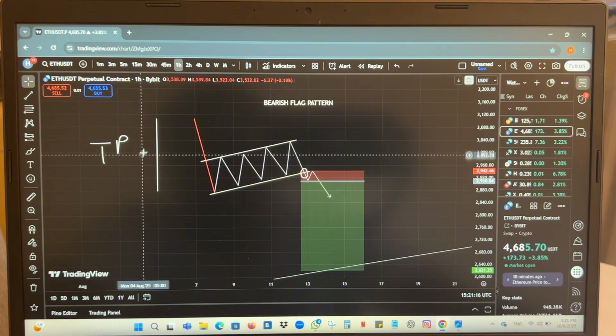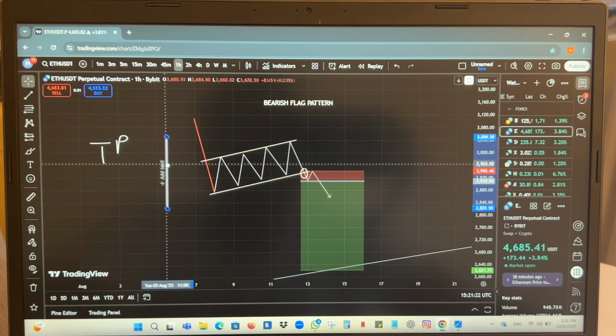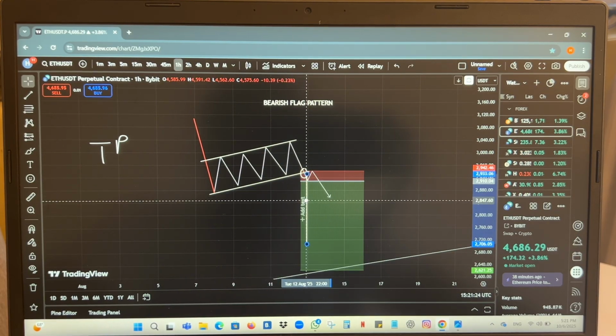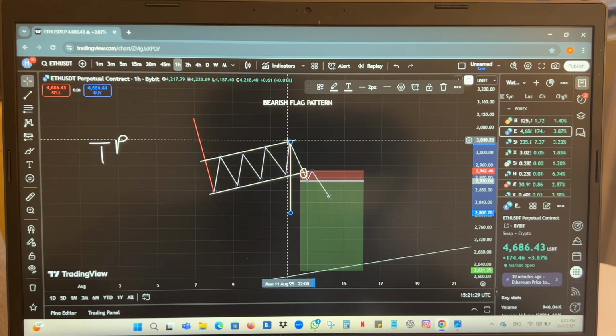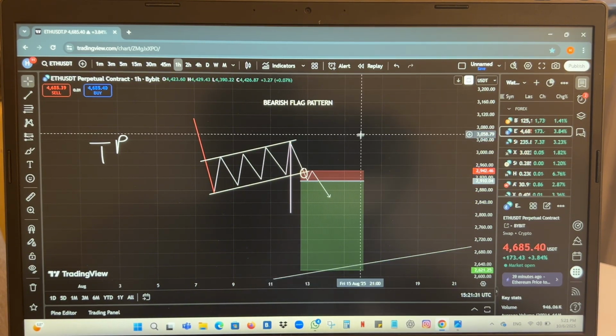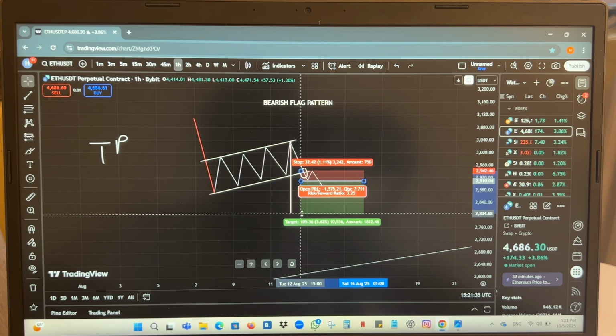And then, like I told you about earlier, this length is gonna be not here, but here, from here. And then you know where to put your TP.